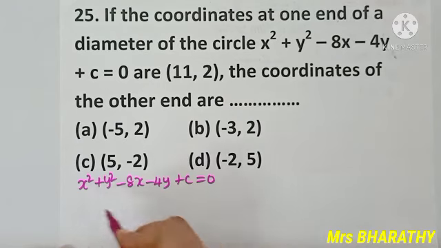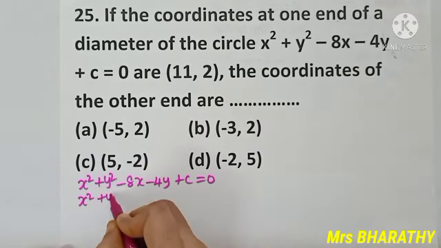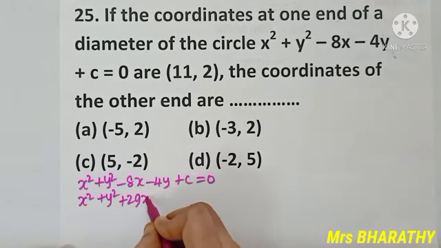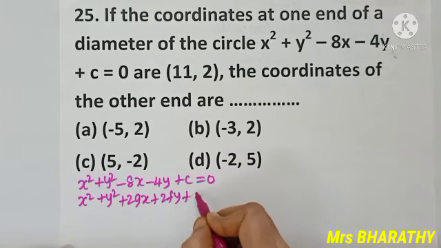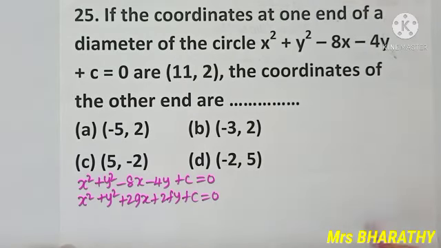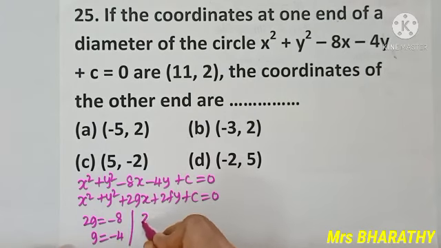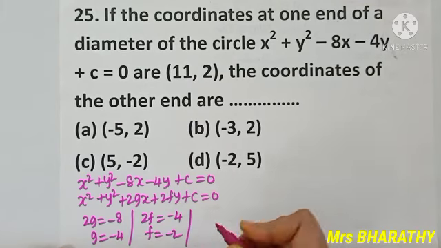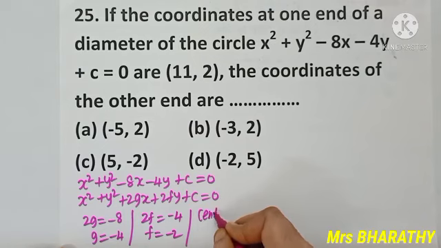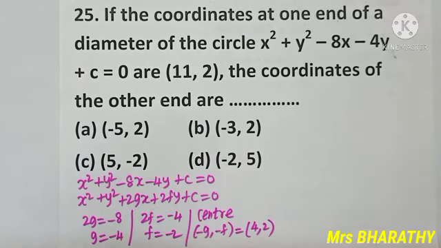As I compare this with the general equation, which is x square plus y square plus 2gx plus 2fy plus c is equal to 0, we know 2g is minus 8, so g is minus 4. 2f is minus 4, so f is minus 2. And so I can identify the center, which is minus g, minus f. So we get 4, 2.